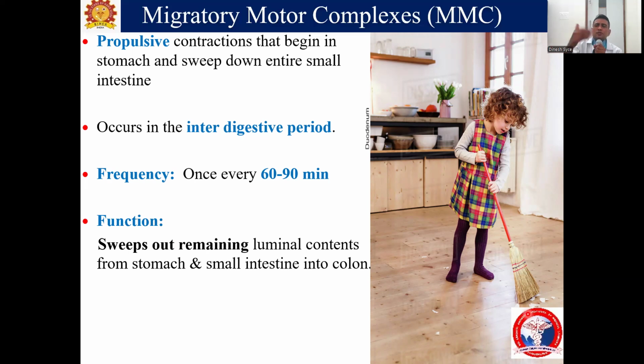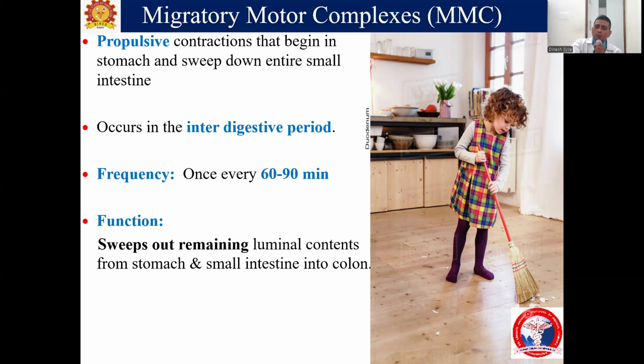What do they do? They sweep away, they clean away the particles of food from the previous meal, which are still sticking on to the walls of the intestine. Why does this occur? What is the purpose of these movements? To clean away the intestine, to keep the intestine clean and ready to accept the next meal.